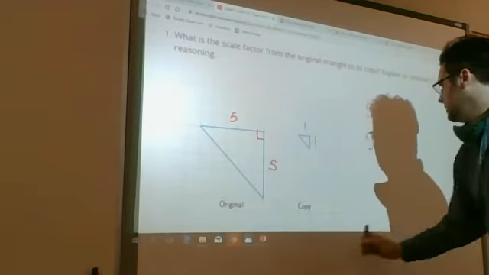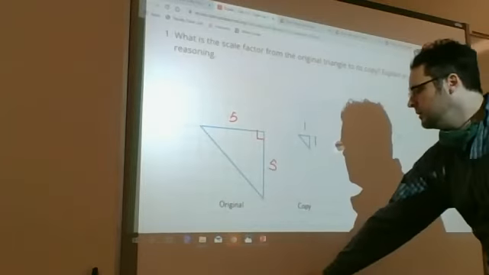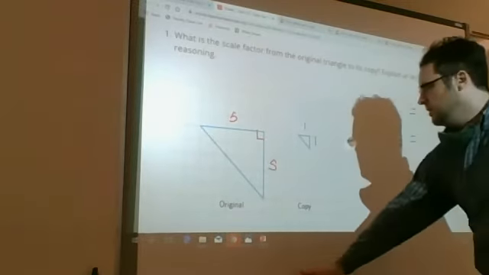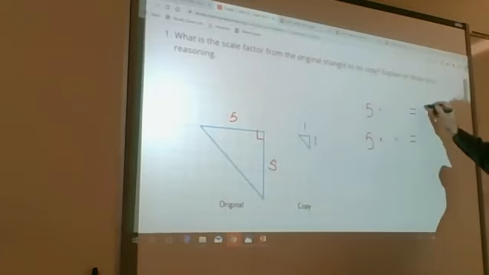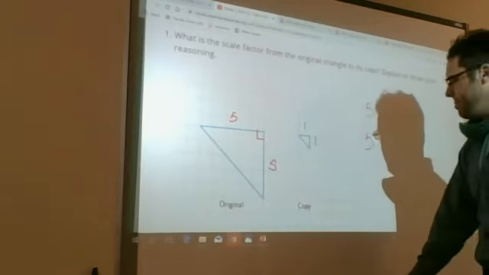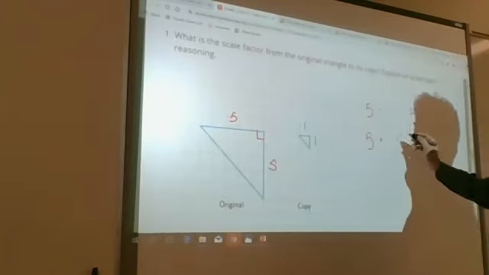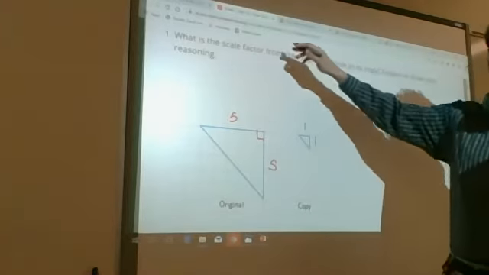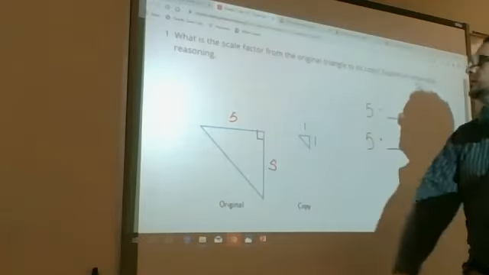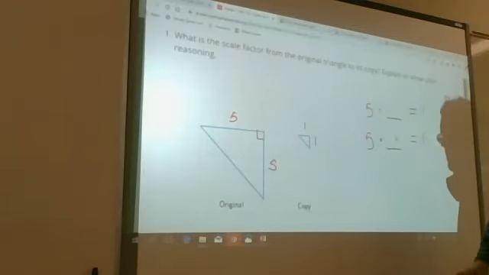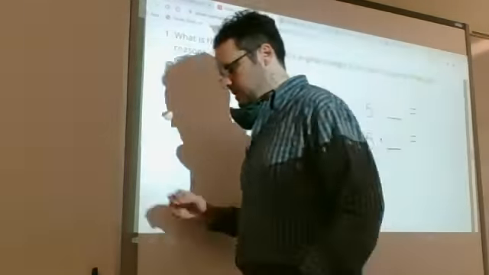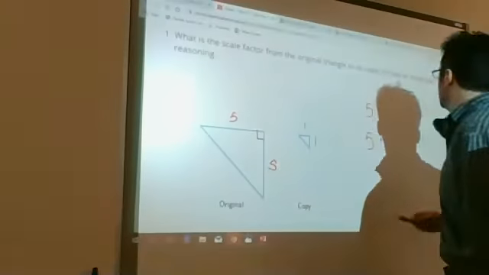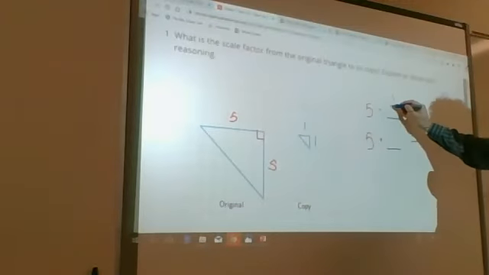Okay, so in our original, we have the measurements 5 and 5. And then in our copy, we have 1 and 1. So this asks us, what is the scale factor from the original to the copy? Well, thank you, Kimura. You got it right away. It's 1/5.